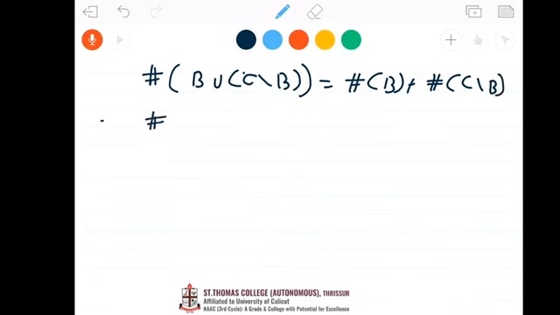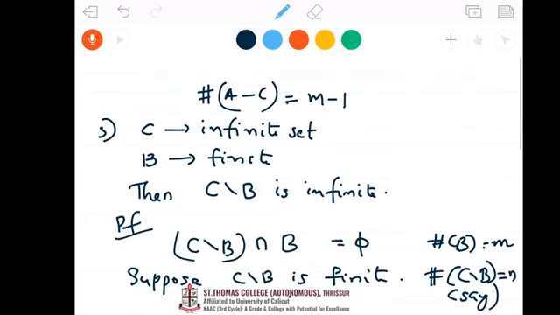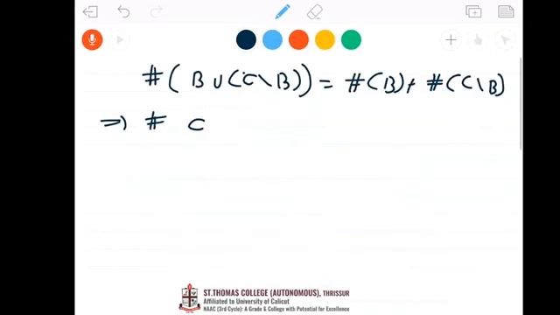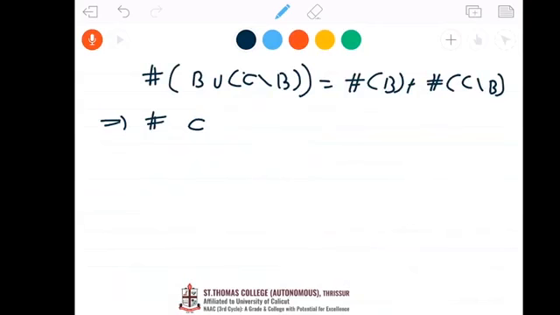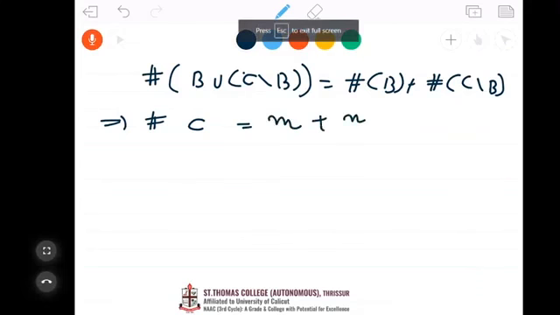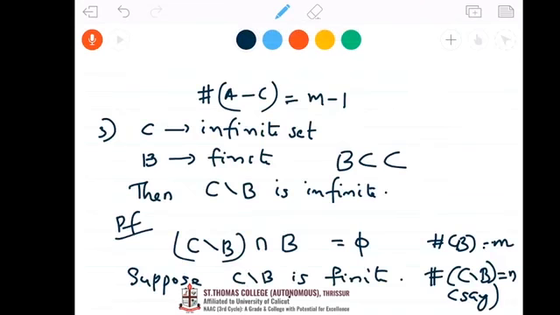What is B union C minus B? B union C minus B is C, since B is a subset of C. I have told that, but I haven't written it here. So the number of elements in C is equal to the number of elements in B plus the number of elements in C minus B. So C contains m plus n elements, but we are given that C is an infinite set.